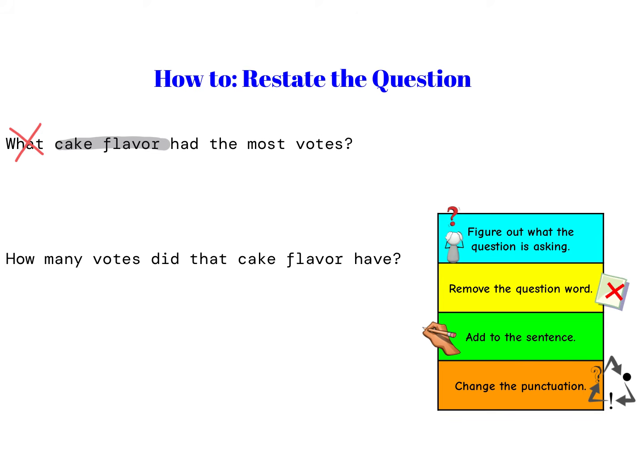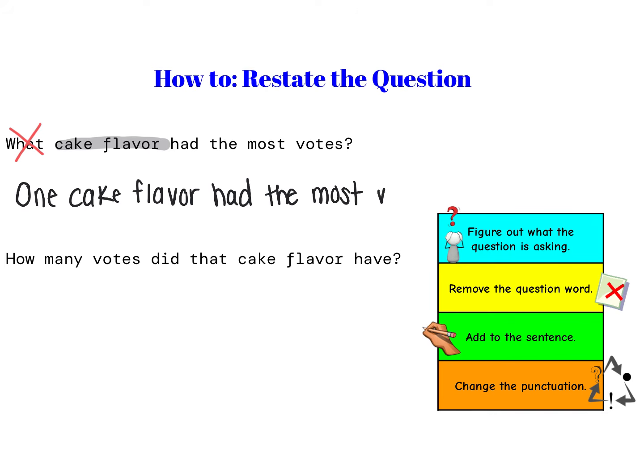So if there's only one cake flavor that can have the most votes, I'm going to use the word one to restate the question. So I'm going to say one cake flavor had the most votes.